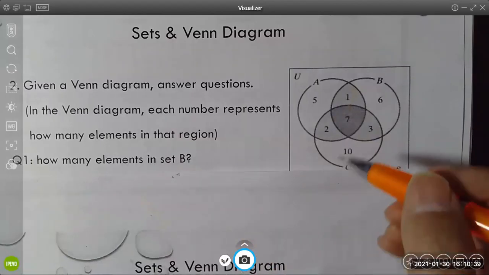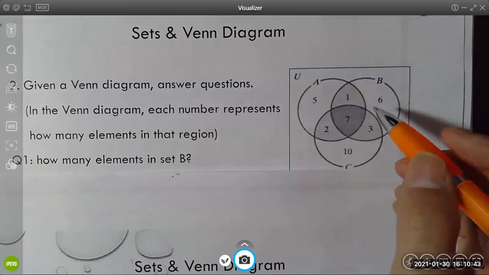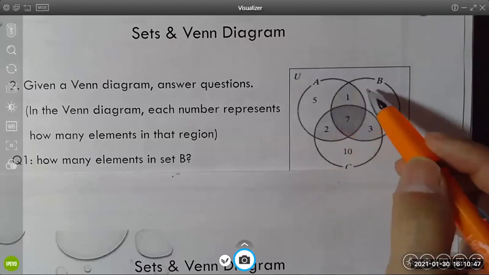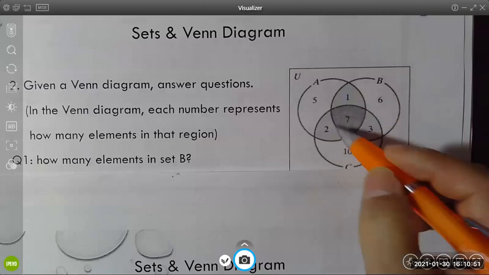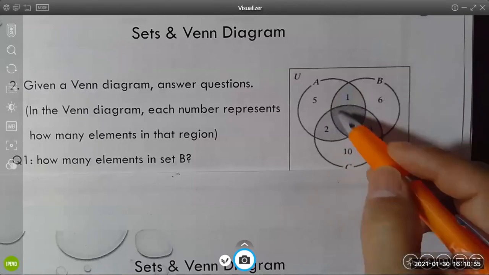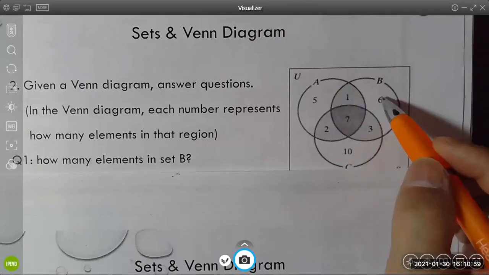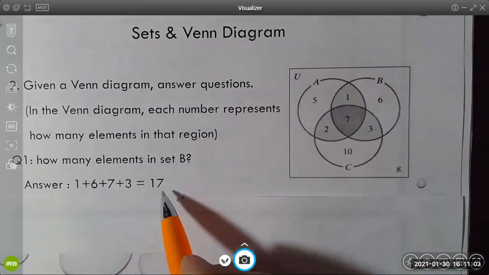Set B is represented by circle B, right? So we're going to add them together. 1 in this region, 7 in this region, 3 in this region, 6 in this region. They all belong to set B. So 7 plus 3 is 10, 10 plus 1 plus 6 is 17. So we should have 17 elements in set B.